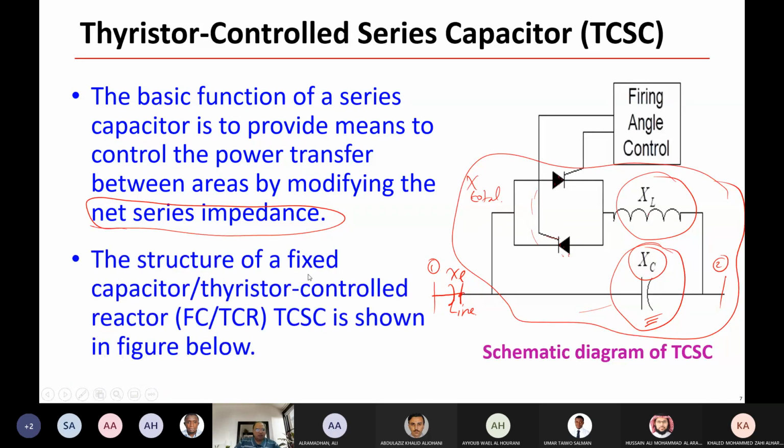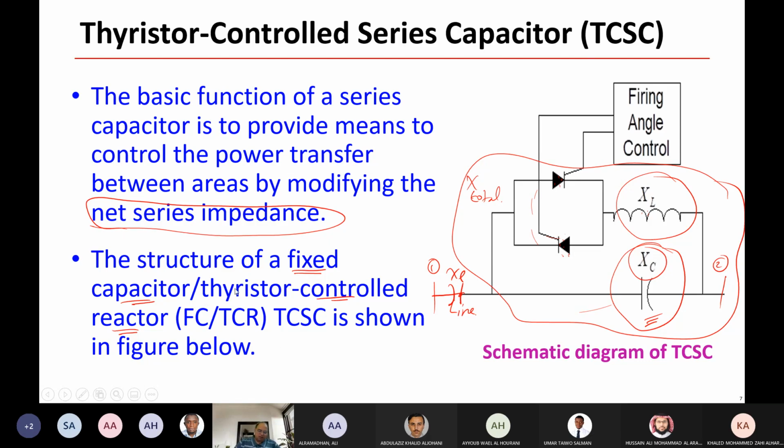So the structure is a fixed capacitor, controlled reactor. So you have constant capacitors here, and this reactor can be controlled by this thyristor. So you can have this type: fixed capacitor, thyristor controlled reactor. Okay.